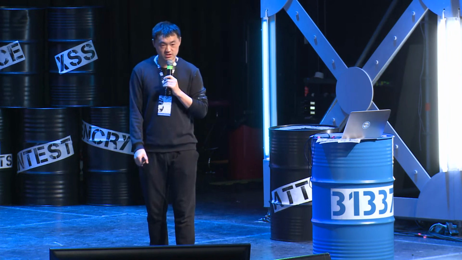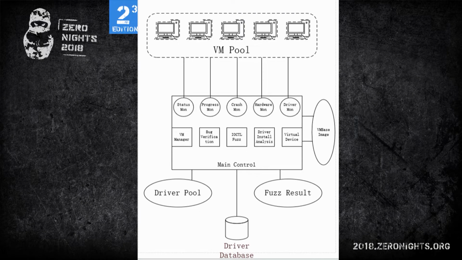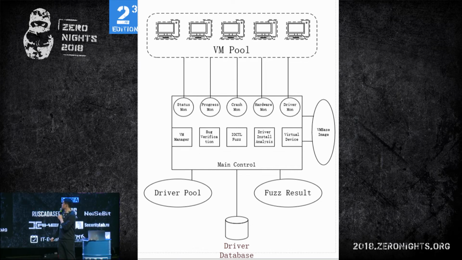So let's do some fuzzing. Here is a schematic of the fuzzing system I designed. At the top, you can see the VM pool. That's the place where we store each virtual machine of the USB drivers. In the center is the main control unit.